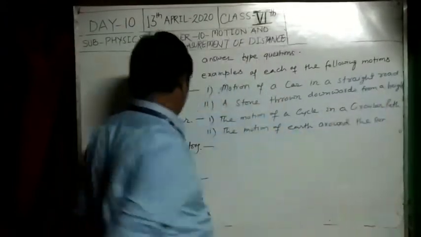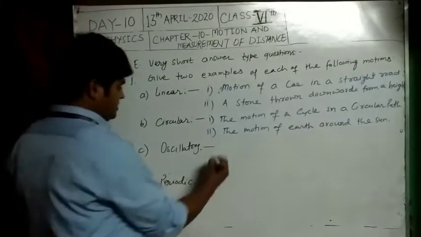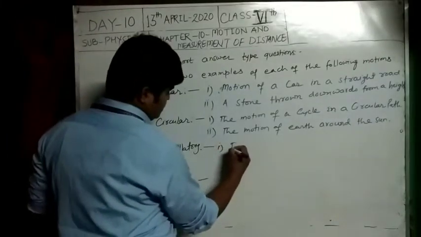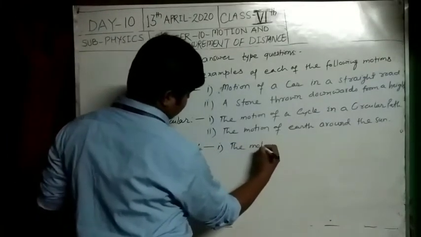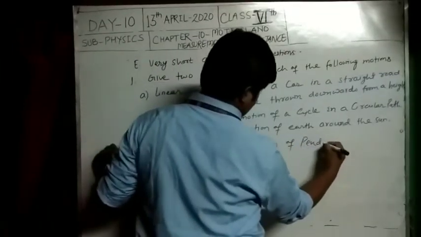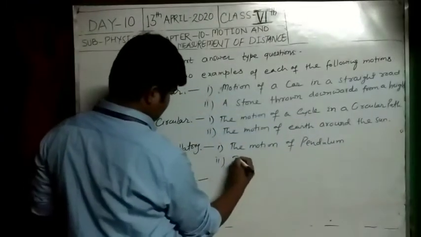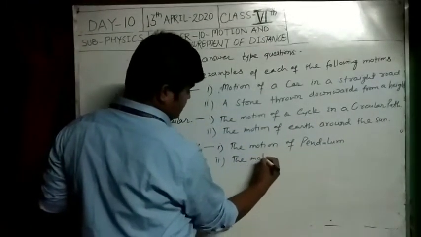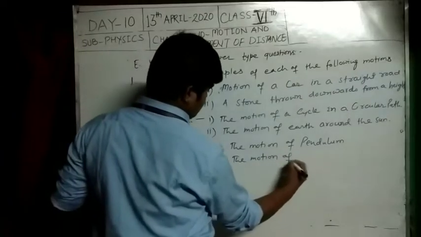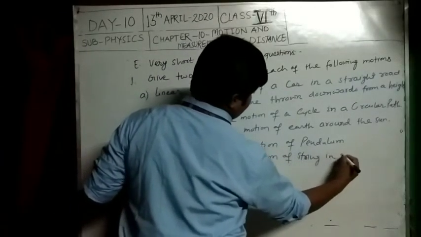This is the example of circular motion. Now oscillatory motion, that means vibratory motion. The motion of a pendulum, the motion of a string in a guitar.